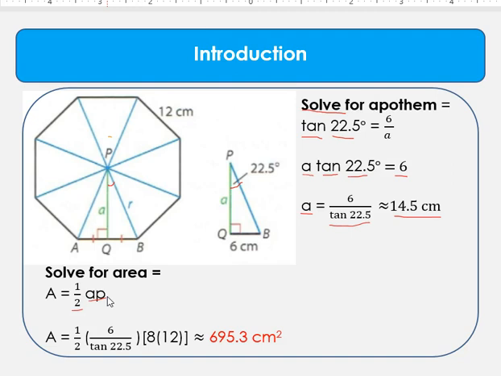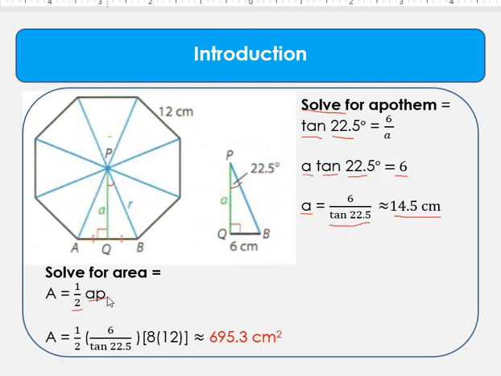So let's go for what's more precise and substitute the 6 divided by tan 22.5 for apothem, and then we'll multiply that by the perimeter. The perimeter is 8 sides times the length of 12, and that becomes approximately 695.3 centimeters squared.